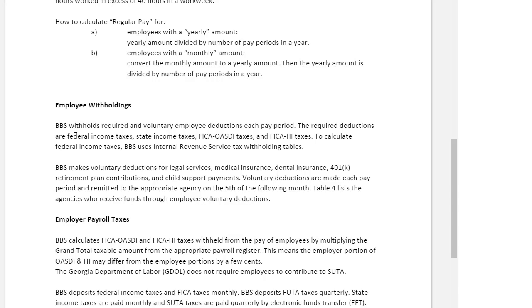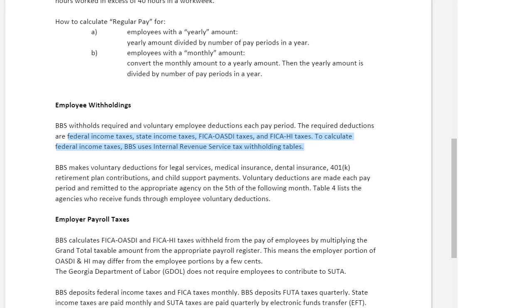Employee withholding. BBS withholds required and voluntary employee deductions each pay period, just like all companies do. The required deductions are FIT, SIT, OASDI, and Medicare. Remember, HI is Medicare. And then to calculate federal income tax, BBS uses the Internal Revenue Service tax withholding tables.